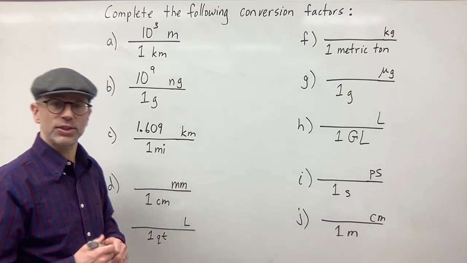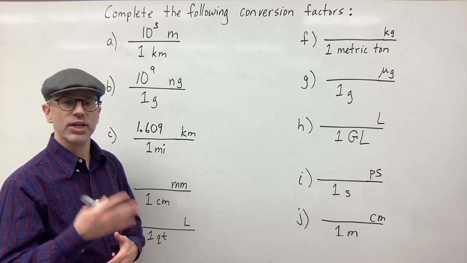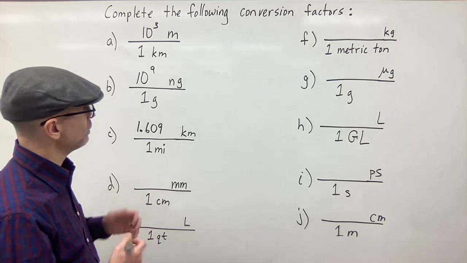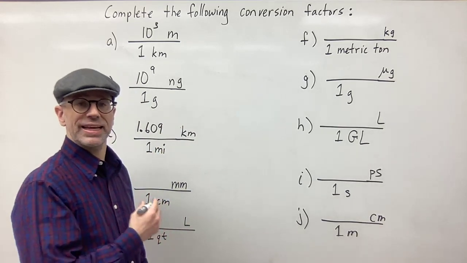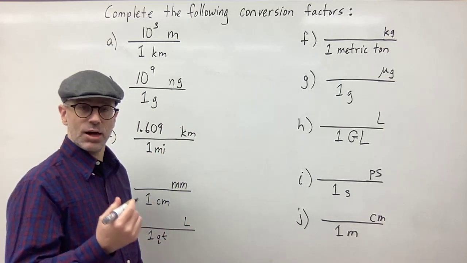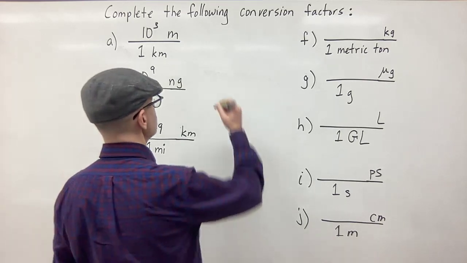One way you could do this is you could use the mnemonic device, King Henry died by drinking chocolate milk. What do I mean by that? Well, each letter of the words in that phrase counts for a particular prefix.